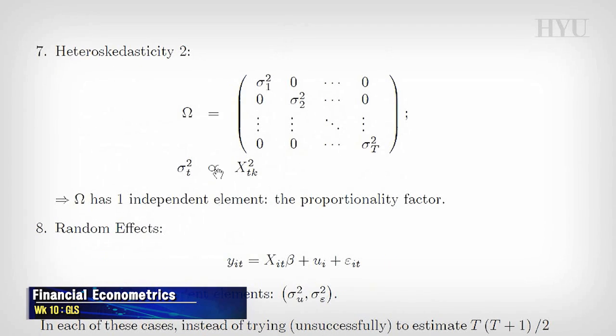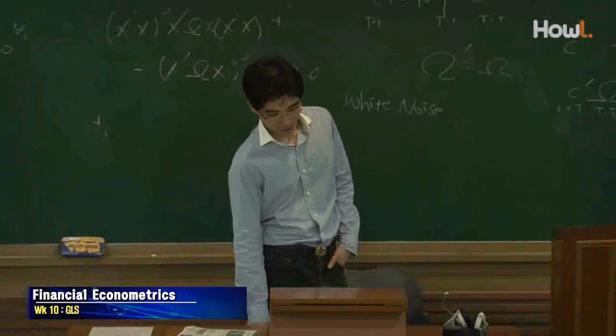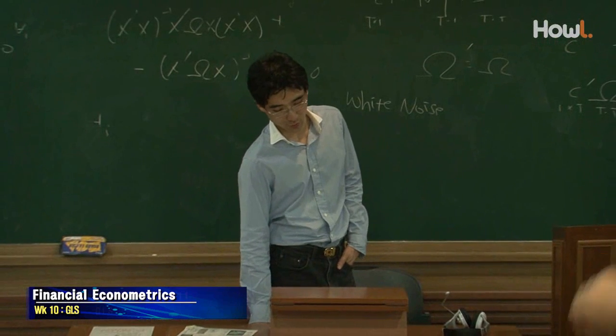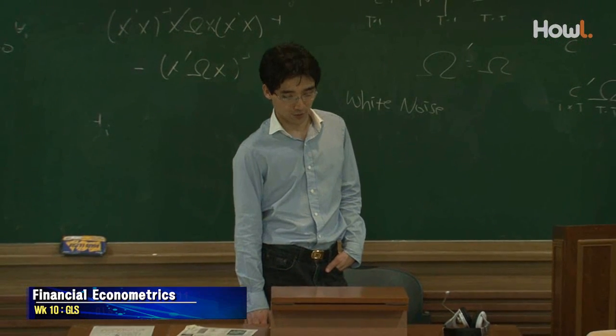One way looks like this. Suppose this is all proportional to this one, and suppose omega has one independent element, the proportionality factor. In this case, we model sigma_t squared as some constant multiplied by x squared. Then there is one independent element, which is the proportional factor.